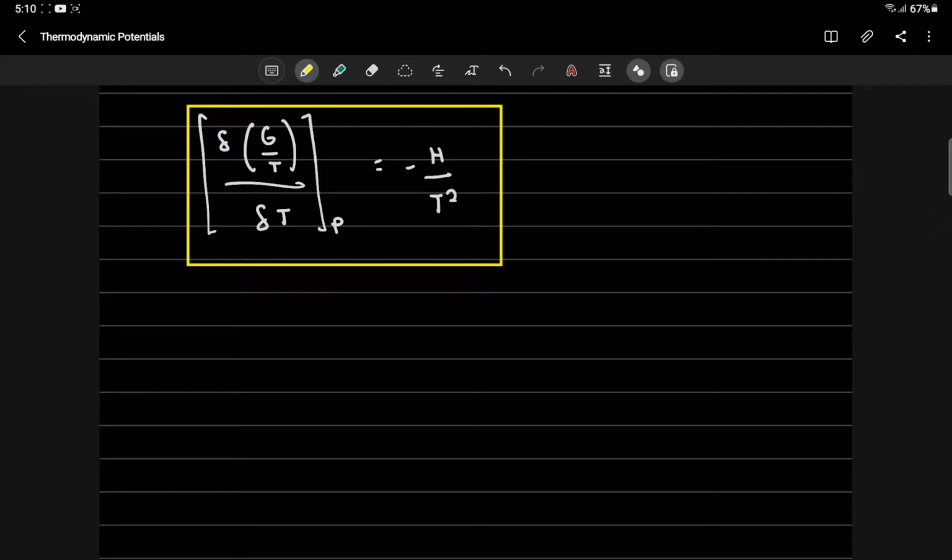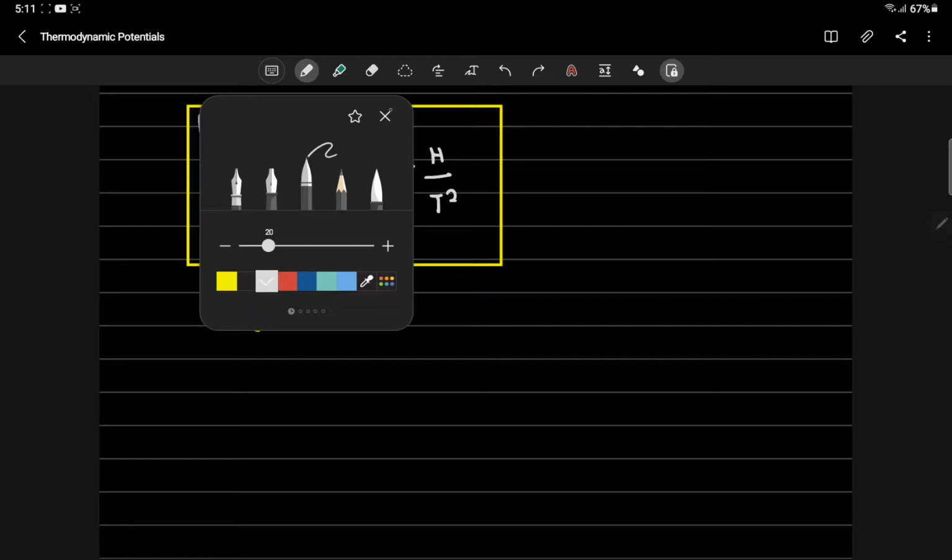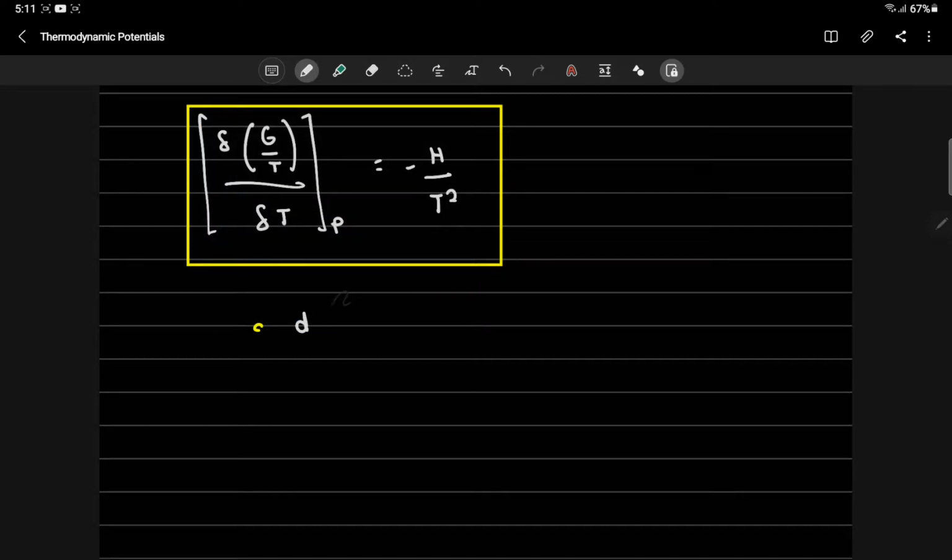Now, we're going to transform this equation in a form na mas madaling i-calculate yung delta G. So, ang gagawin ko is I just need to separate the variables, right? So, magiging differential of G over T, d(G over T), equals minus H over T squared dT.